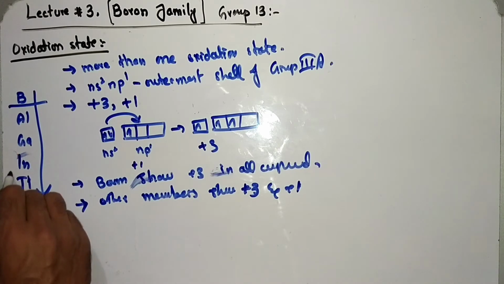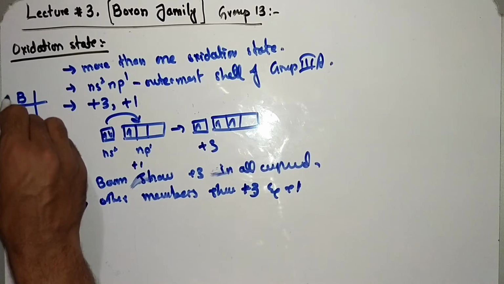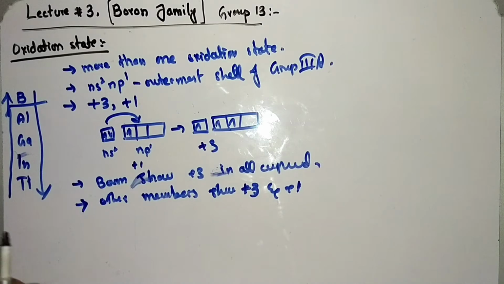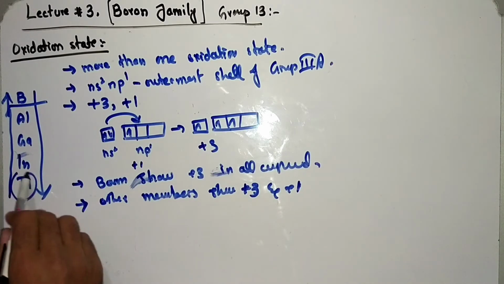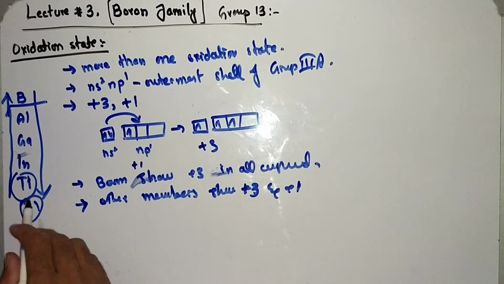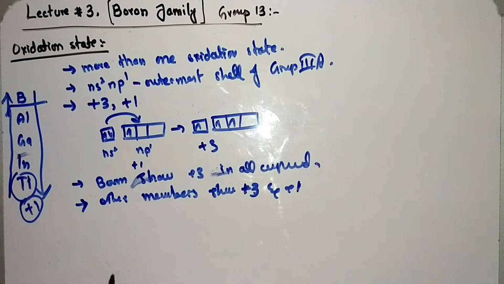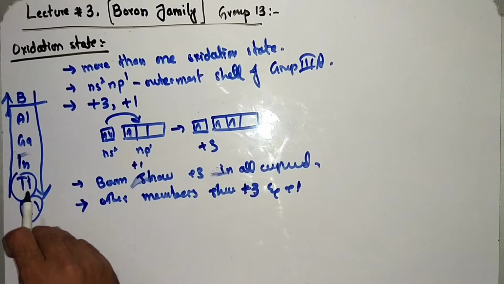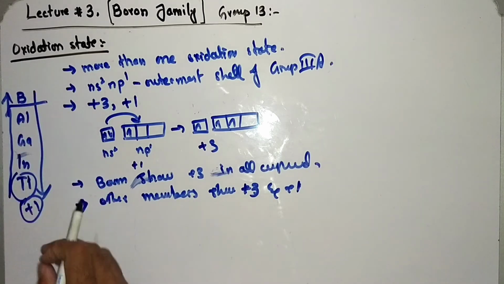From top to bottom, the +3 oxidation state decreases, because boron has the +3 oxidation state in all cases, while thallium mostly has the +1 oxidation state, because thallium is more stable in +1 than in the +3 oxidation state.